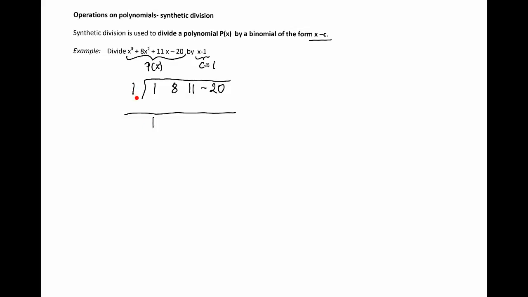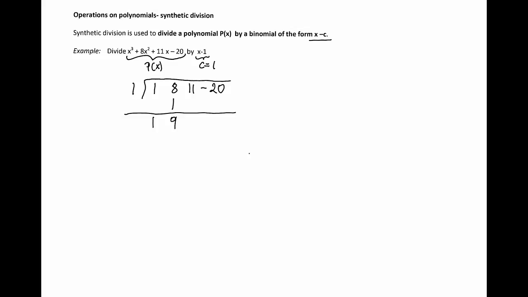We multiply this, so 1 times 1 is 1, and we'll write it in the second column under the second coefficient. So that's going to be 1. At this point we'll add those two numbers and write it below the horizontal line, and that is 9.